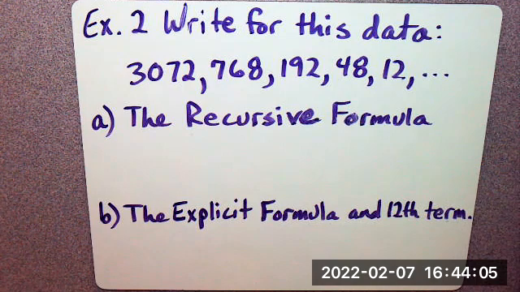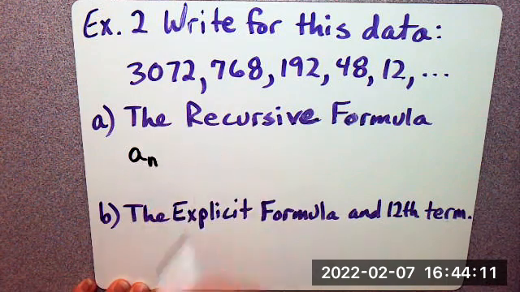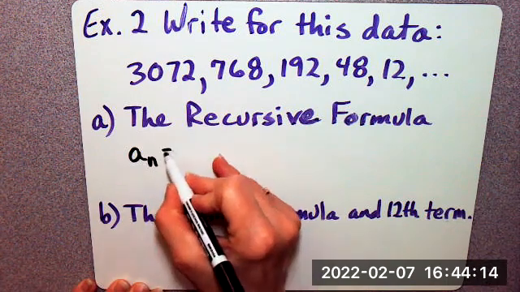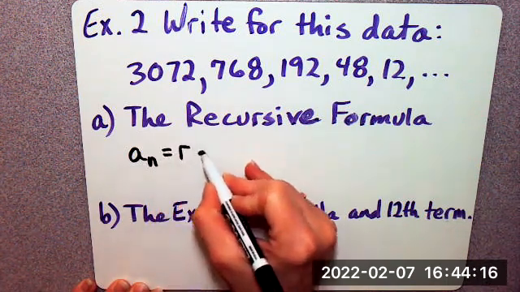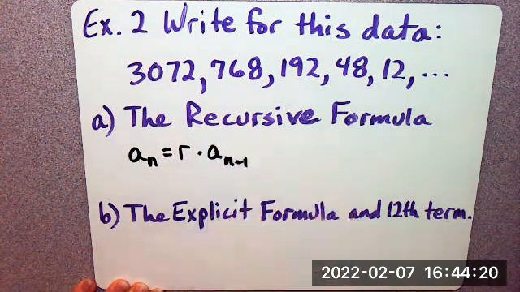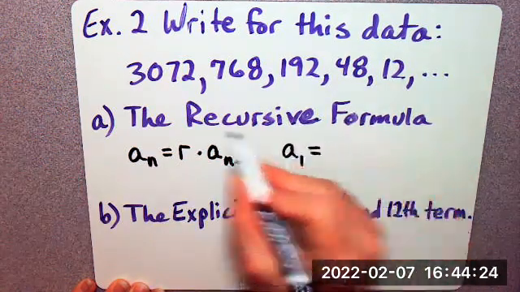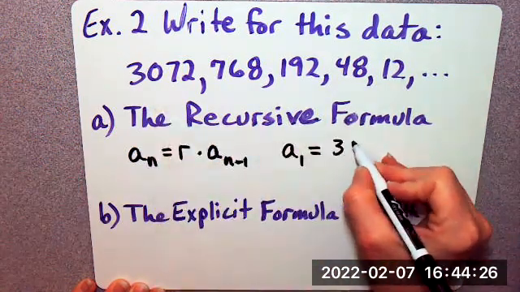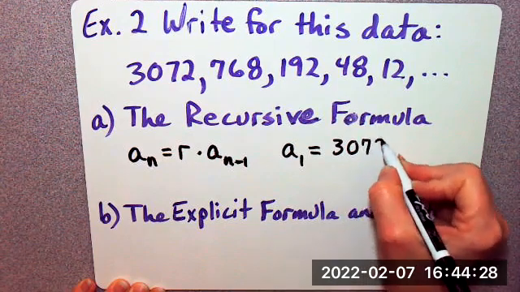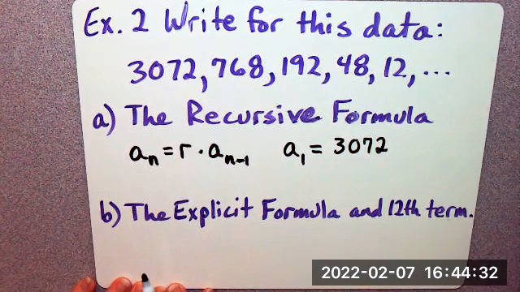For the recursive formula, we have A_n, which is the nth term, equals r times A_(n-1), and we should define what A_1 is, so we have a reference point. So A_1 is 3072. Now all we need to determine is what is the r, and then we have our equation.